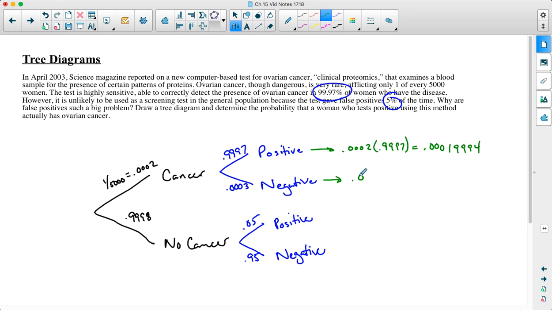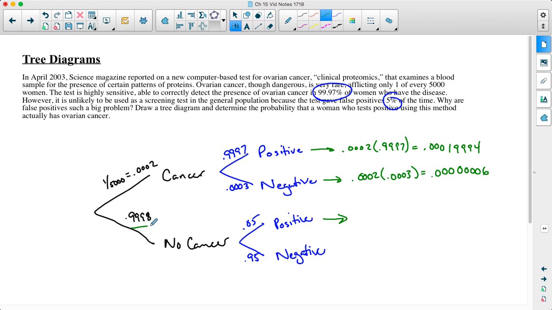Now, for a negative test, when you have cancer, it's 0.0002 times 0.0003, which is an even smaller number of 0.00000006, I believe. And then we do the same thing down here.